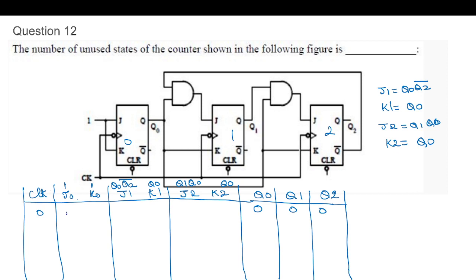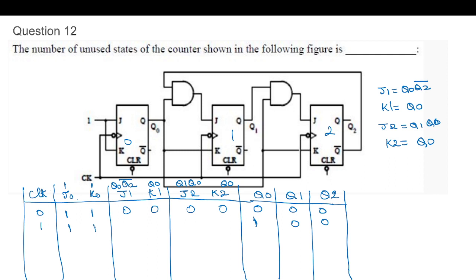Now, this will be 1, 1. 0 and 1, 0, 0. Again, this also 0, 0. So these two flip-flops will retain the state and this will toggle. The next clock.